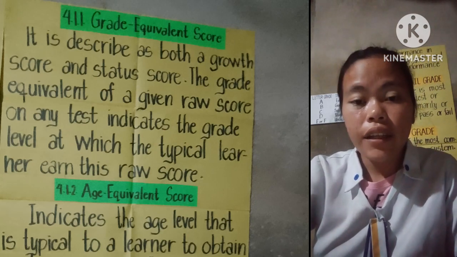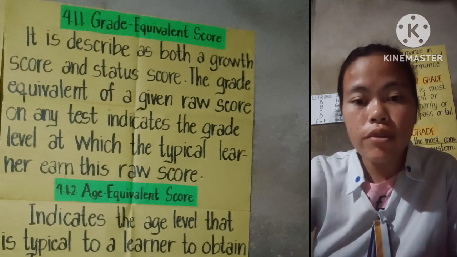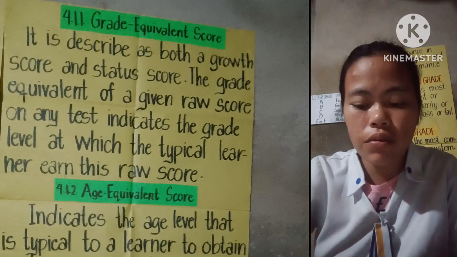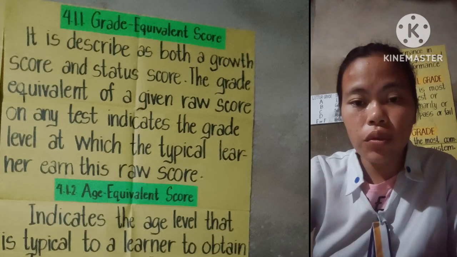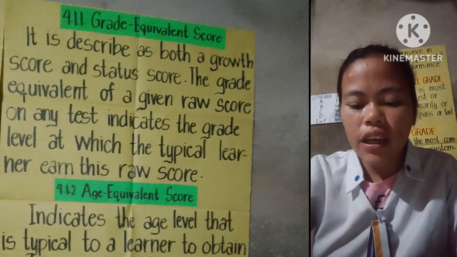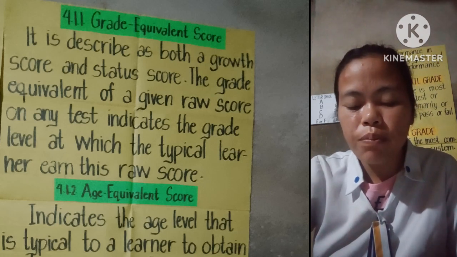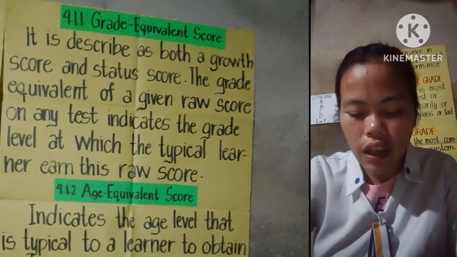Also, a grade equivalent score is a type of score used in educational assessments to represent a student's performance in relation to grade levels. It is often used to provide a reference point for understanding a student's achievement compared to their peers in a specific grade level.